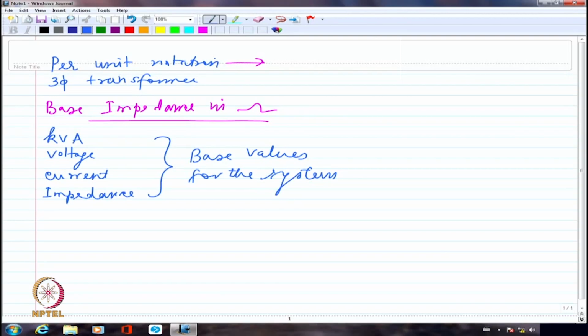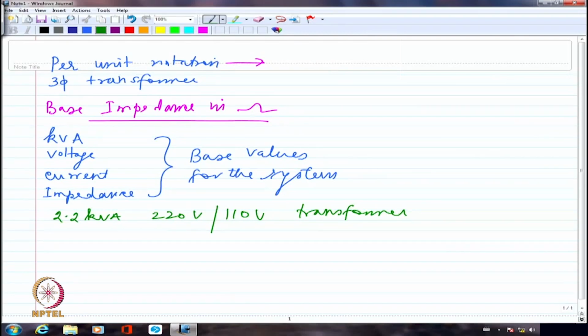Let us take, for example, what we had taken earlier also, that is the 2.2 kVA, 220 volts by 110 volts transformer. When I have a transformer, generally we will define the kVA as the base kVA for both primary and secondary, because the power is invariant in the transformer.